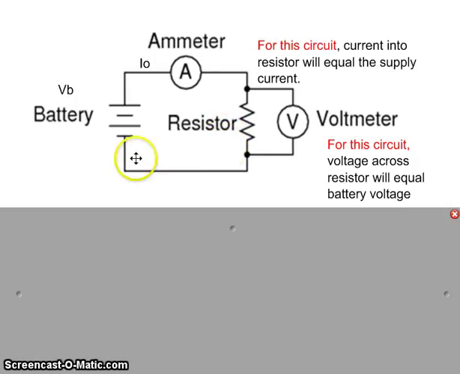So if a coulomb of charge picks up 9 joules here because this is a 9-volt battery, then those 9 joules of potential energy will be delivered to the resistor, with the charges returning to the battery to be re-energized. Having said all that, then for this circuit, the voltage across the resistor will equal the battery voltage. And again, not a big surprise there.